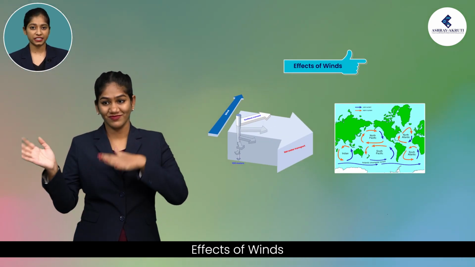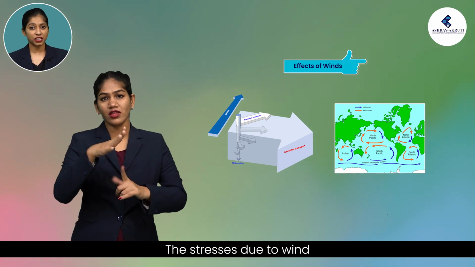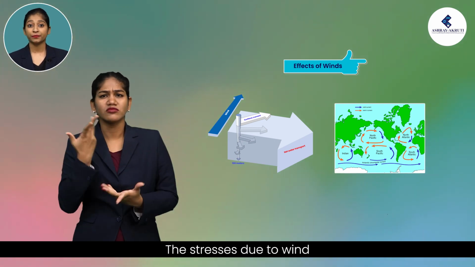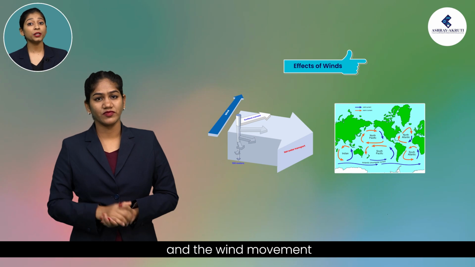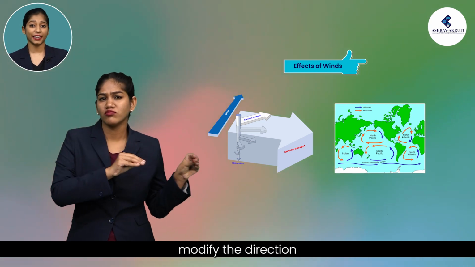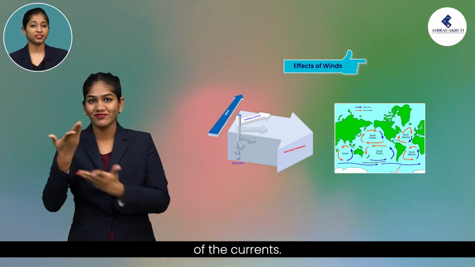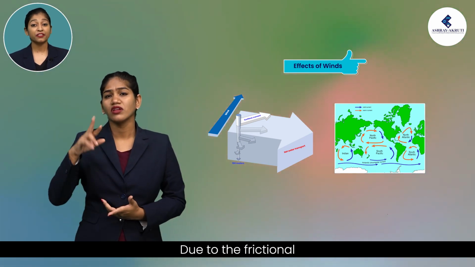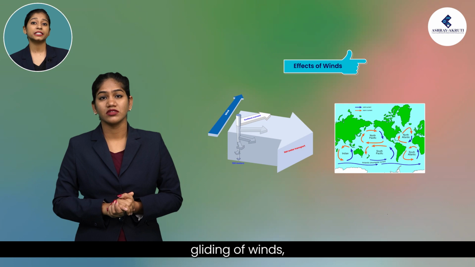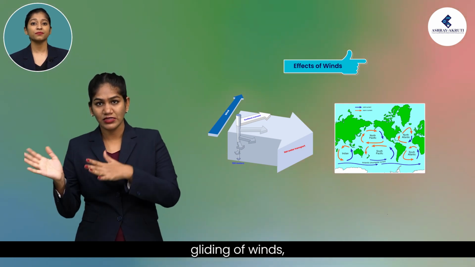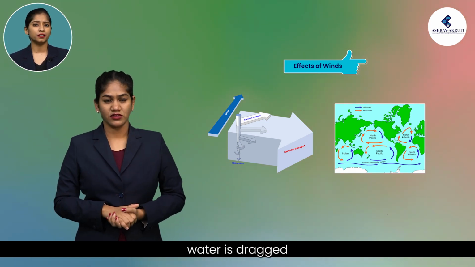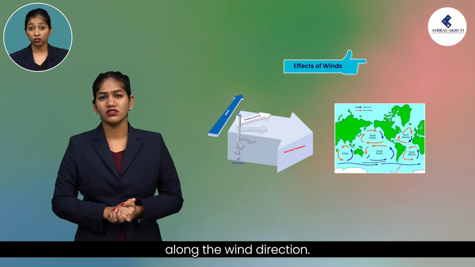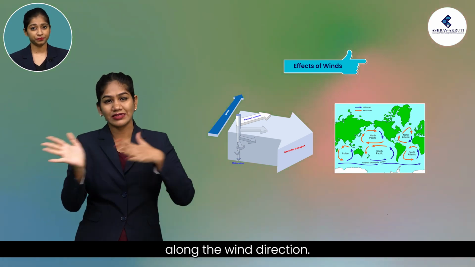Effects of winds. The stresses due to wind and the wind movement modify the direction of the currents. Due to the frictional gliding of winds, water is dragged along the wind direction.